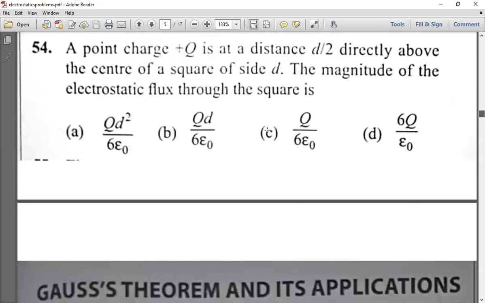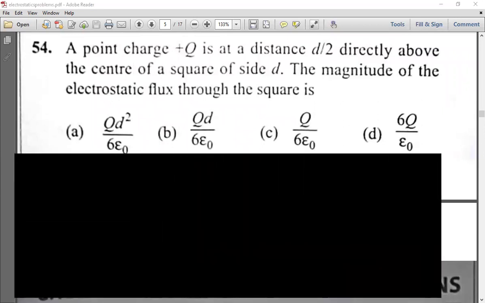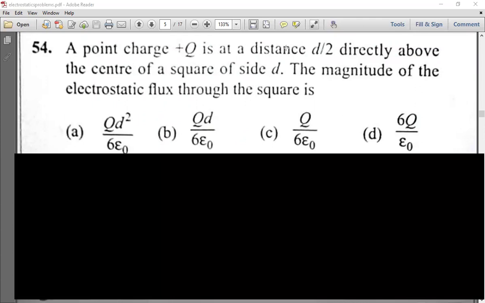Now see this question. A point charge plus Q is at a distance d by 2 directly above the center of a square of side D. The magnitude of the electrostatic flux through the square is.